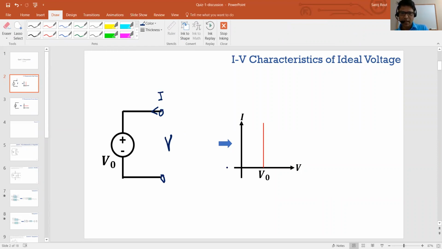If I draw the IV characteristics of this source, with this being the voltage across these two nodes, then the current drawn or sourced can be anything, and the voltage will always remain constant. That's the IV characteristics of an ideal voltage source.